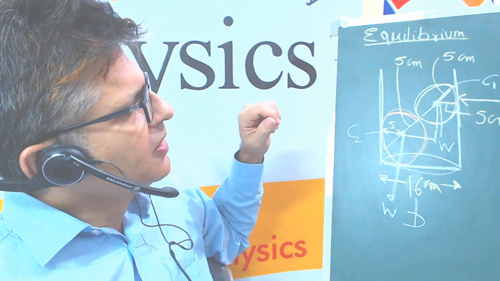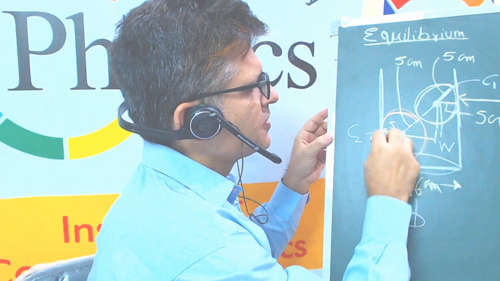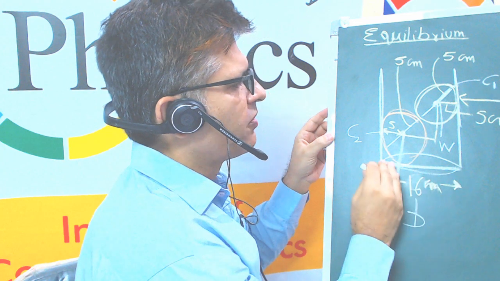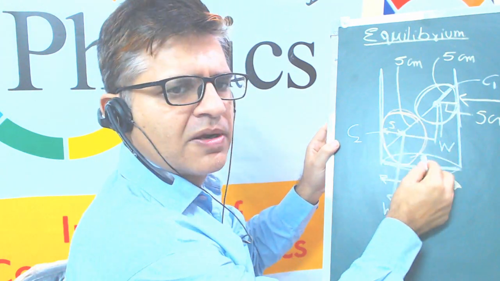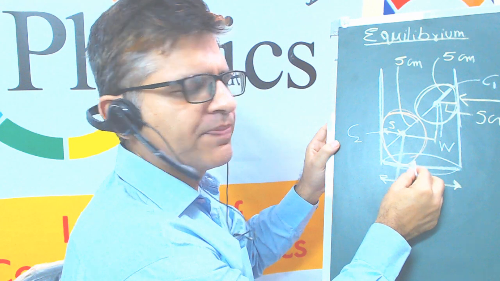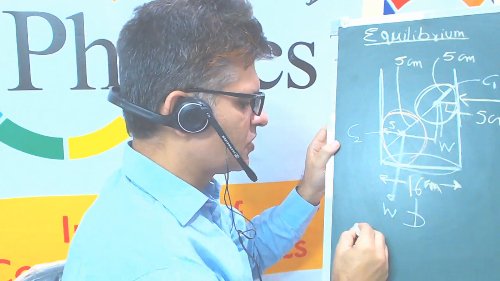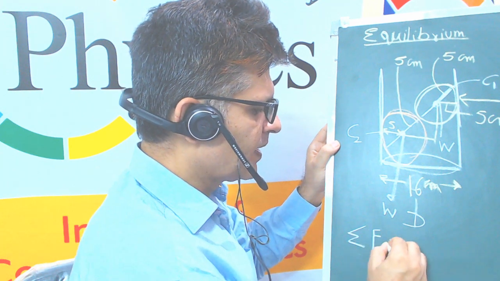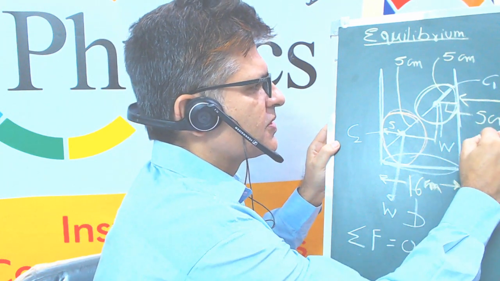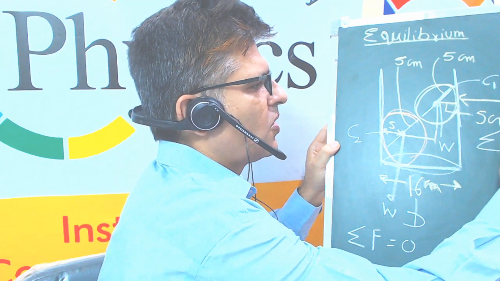Now, if you look into this, this arrangement is in equilibrium, which means the net force on sphere number 1, which is shown in orange, and the other one is also 0. So the net force on sphere number 1 is 0, and the net force on the second sphere is also 0.